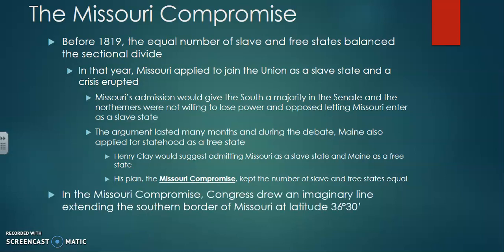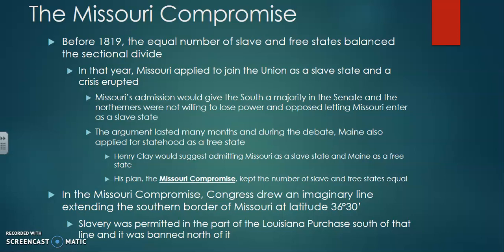In the Missouri Compromise, Congress drew an imaginary line extending the southern border of Missouri at latitude 36 degrees and 30 minutes. If you look in your book on page 480, you can see a red line under Missouri and just above the Arkansas Territory. The area underneath that red line would become slave states, and anything north of the line will become a free state.